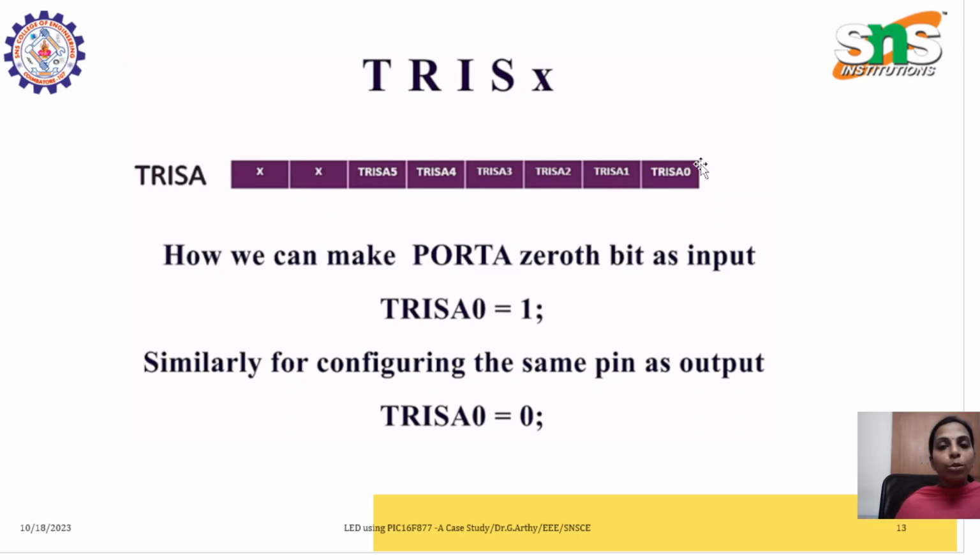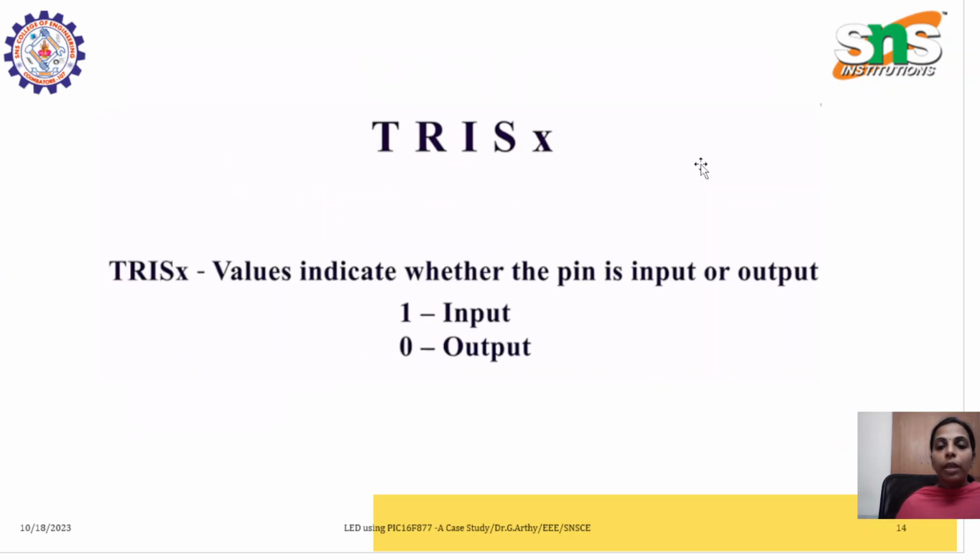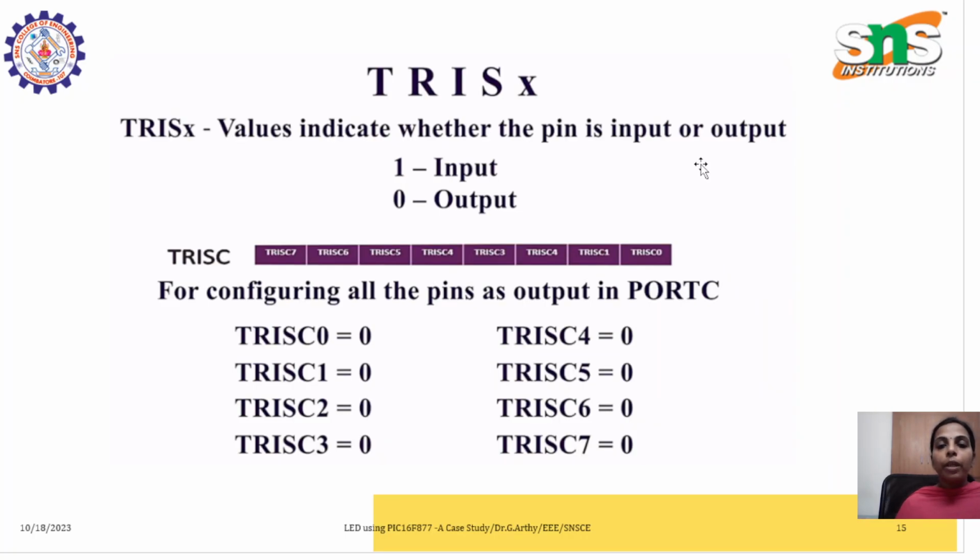If I want to use that as an output, then we will be disabling that particular bit of the register. So simply by enabling and disabling the bits of the register, we can access these ports. If a particular bit is given as 1, it means it is input. If it is 0, then it is an output.